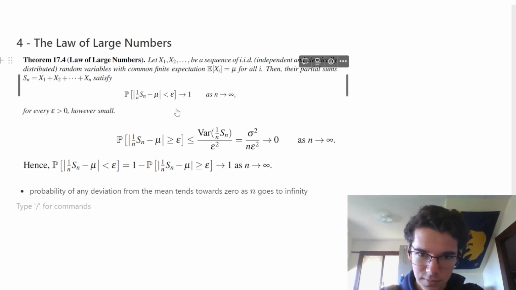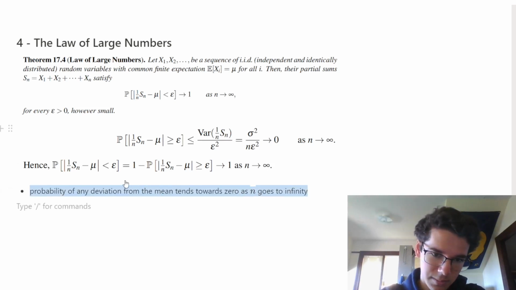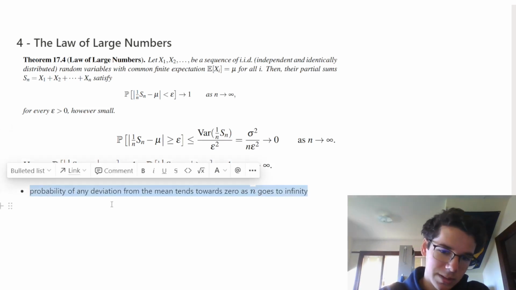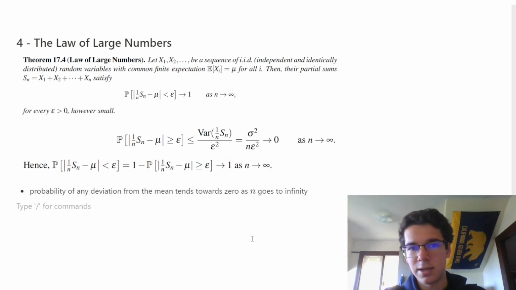But because we want to find this, we literally just have to take the inverse of that. So 1 minus 0 as n approaches infinity is just going to be 1. So just to say it for the millionth time, the probability of any deviation from the mean tends towards 0 as n goes to infinity.